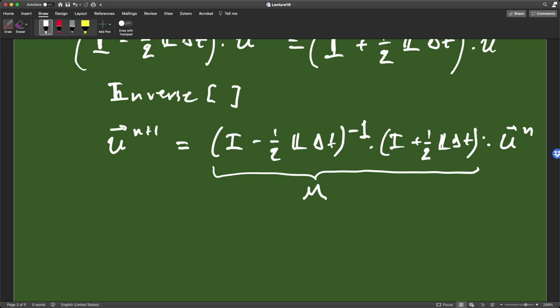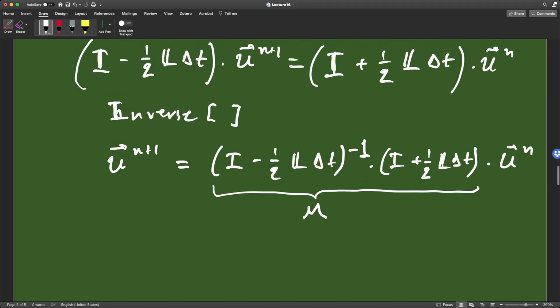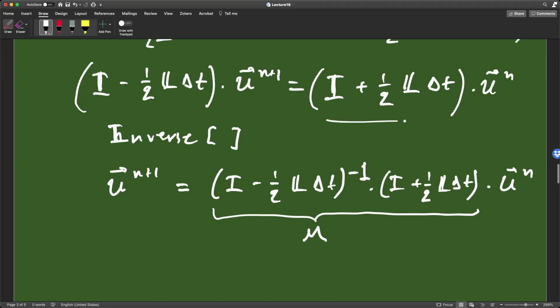If we use pseudospectral methods, then the matrix L is a full matrix, so M will be a full matrix. In any case, both of these matrices here and here will be full, so all elements will be non-zero. So there's no better way to do this. The best way is to do this matrix multiplication.